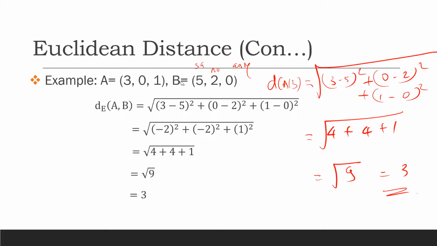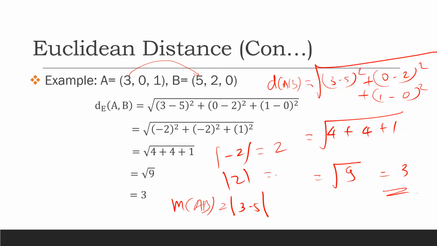Whenever you need to calculate the Manhattan distance, what you need to do here is calculate the mod of the distance between these two. What is the distance between these two? 3 minus 5. If you put mod, we will remove the sign. If the value is minus 2, mod of minus 2 is equal to 2. Mod of 2 is also equal to 2.